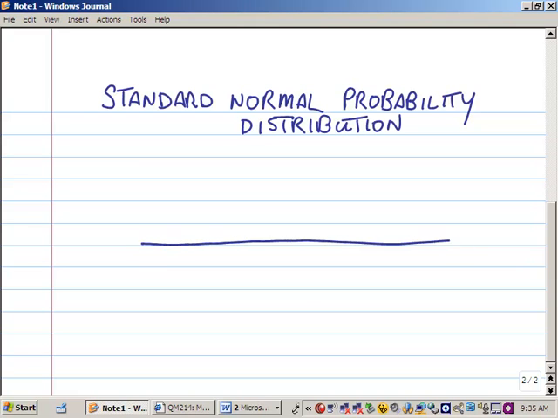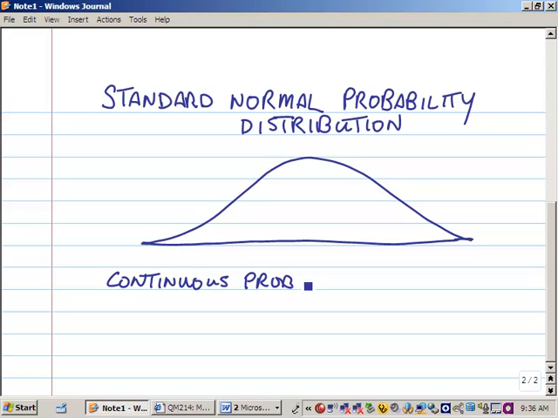So in general, the normal distribution looks like this. Now this is our first continuous distribution. And actually it'll be our only one because that's the one that's most important to statistics and to us.